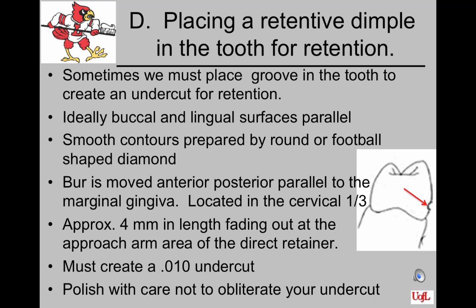It is approximately 4 millimeters in length, fading out at the approach arm of the direct retainer. You have to be certain to create a .01 undercut, and it should be polished after the fact to create a nice smooth surface. Care has to be taken not to eliminate the undercut while actually polishing it.